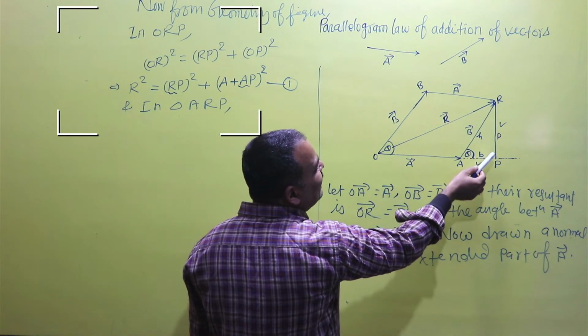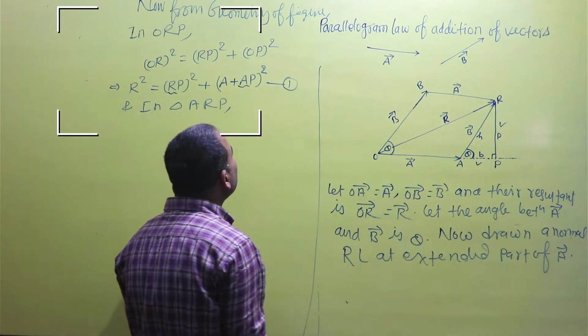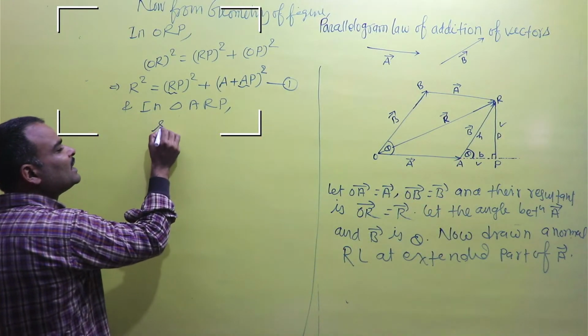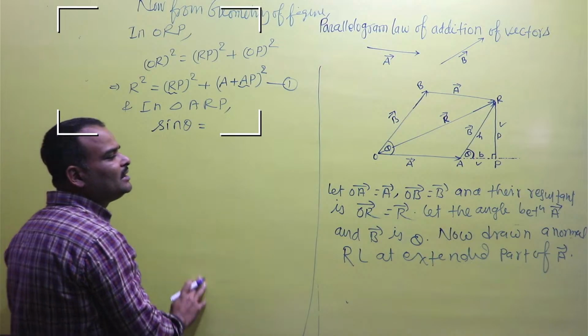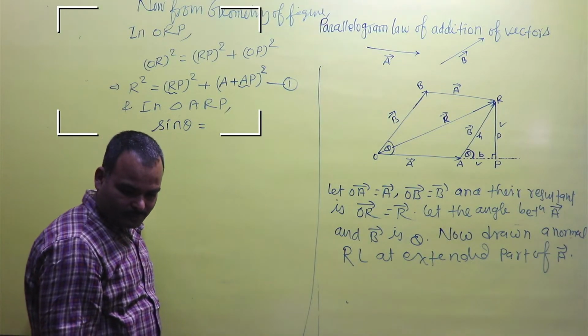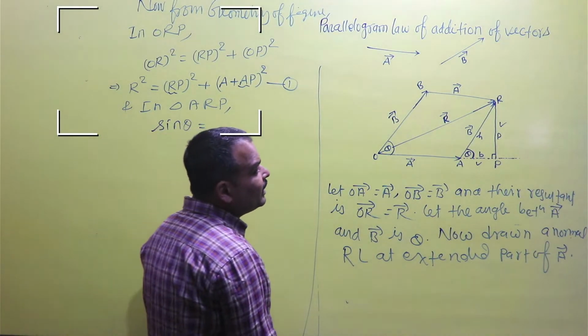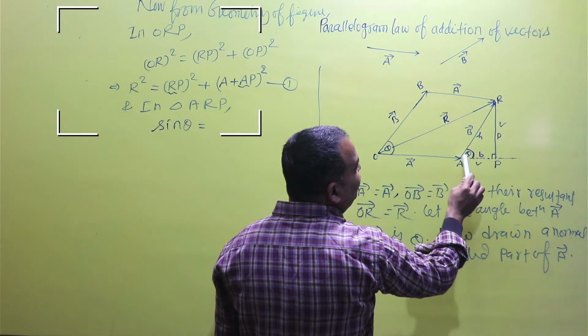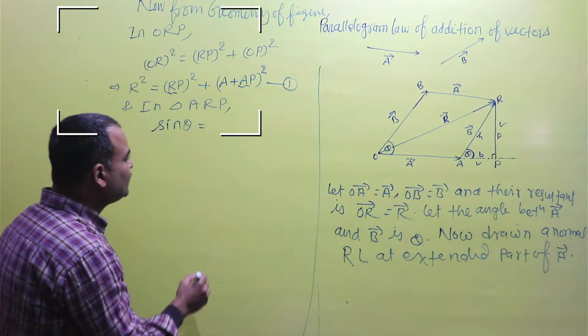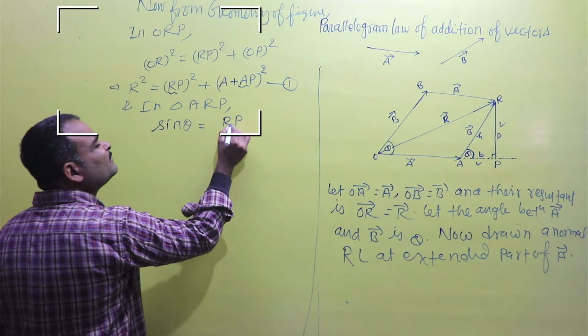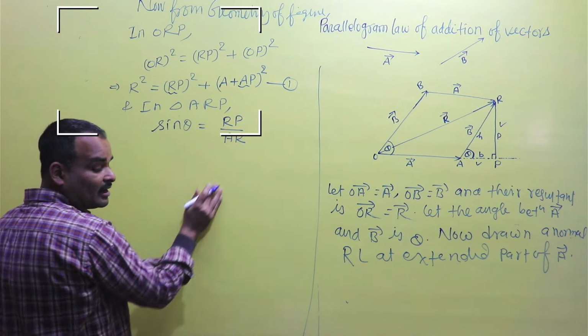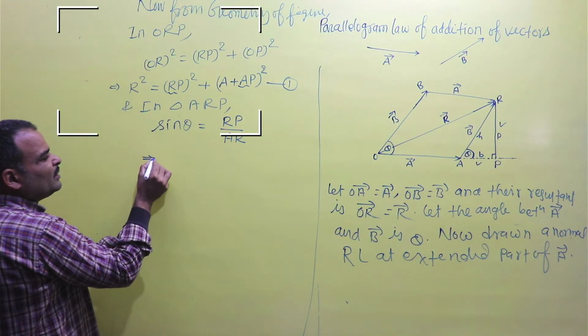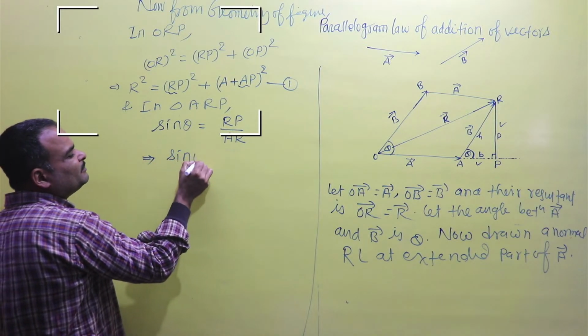So we can make sin theta or cos theta from the triangle. In this figure, sin theta is equal to P by H, P meaning RP and H meaning AR. So sin theta is RP by AR.